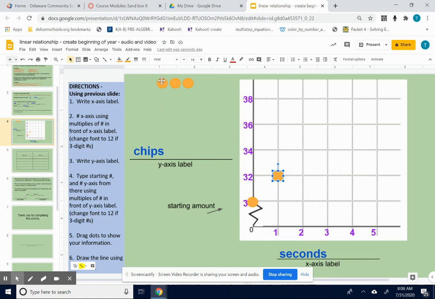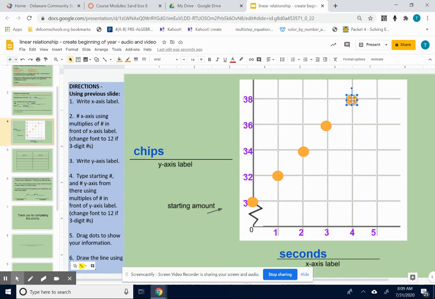So I would have eaten 34 chips altogether. Starting to see the pattern? I'm going to increase by 2 chips every time I go to my next second. So after 3 seconds, I've eaten a total of 36 chips. After 4 seconds, I've eaten a total of 38 chips. Don't worry about putting anything on the 5, because I didn't give you enough dots.